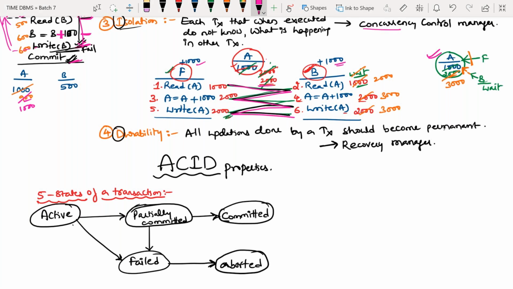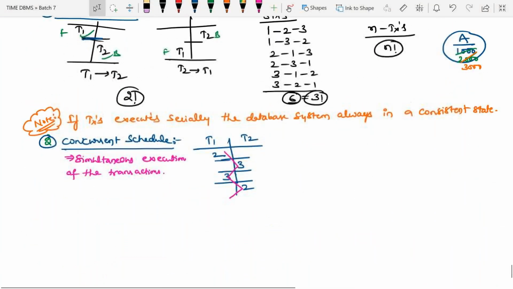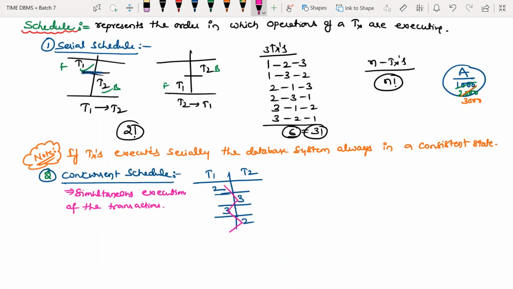It means concurrent execution may lead to inconsistency, but serial execution always leads to a consistent state. But concurrent execution may or may not. Don't say it is always inconsistent; it may or may not lead to an inconsistent state.